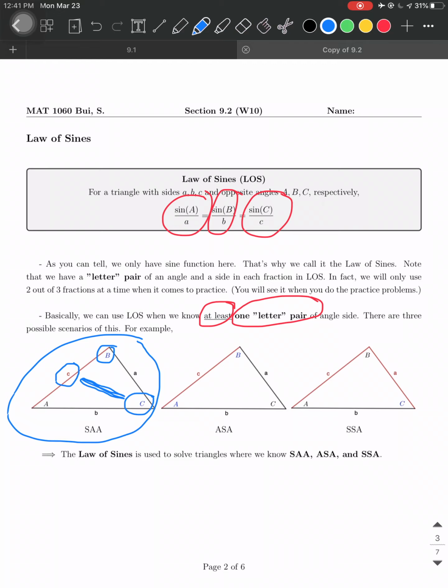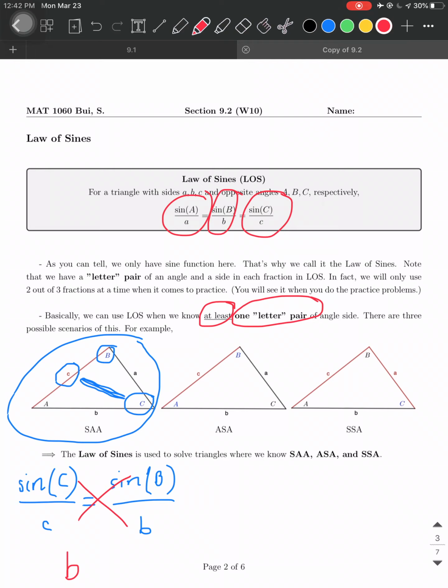We know C and we know B, so we can set the equation side c over C, because we know both of them, equals side b over angle B. Since we know B, C, and little c, we do cross multiplication, and after that you will be able to solve for little b.